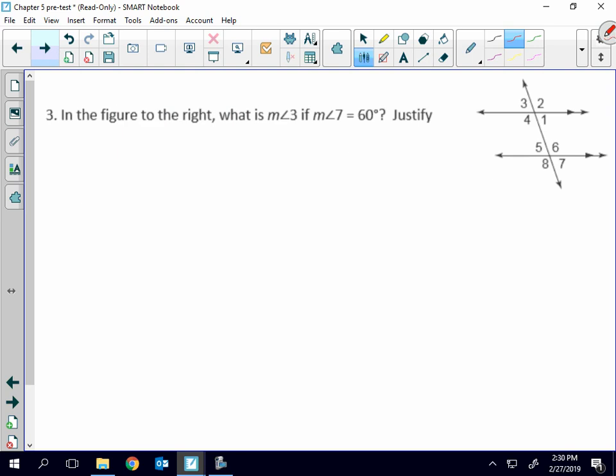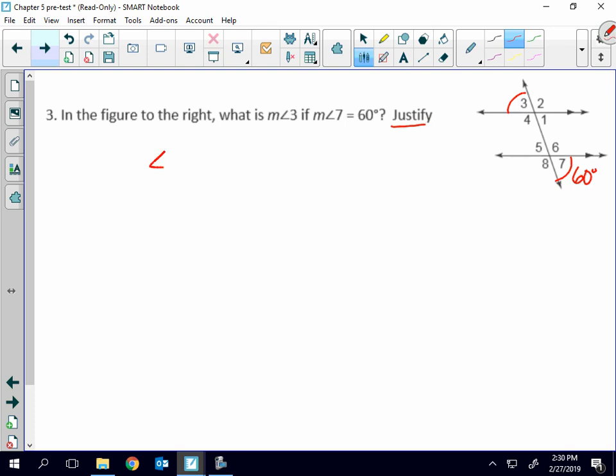In the figure to the right, what is the measure of angle 3 if the measure of angle 7 is 60 degrees? This one we are justifying. Here's the angle 3. We know angle 7 here is 60. What's the relationship between those two? Are they the same? And what is the word that we used? Yes, they're both the same. They're both acute.